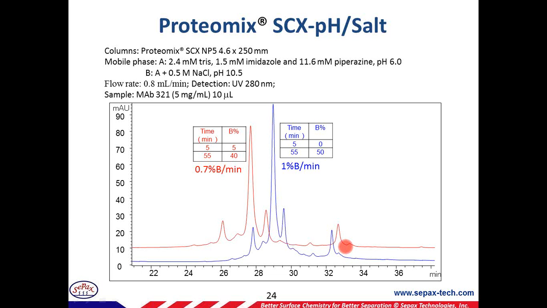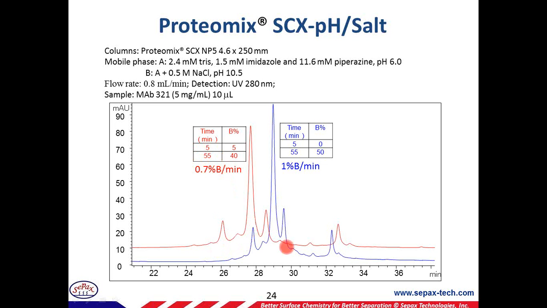This is the ProteomIX SCX pH and salt gradient. As you can see, with 1% B per minute, we already get pretty good separations. If we want to see the effect of the gradient, we slow down to 0.7% B per minute.